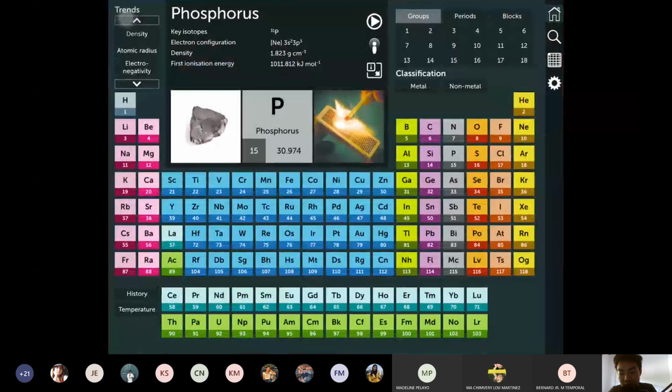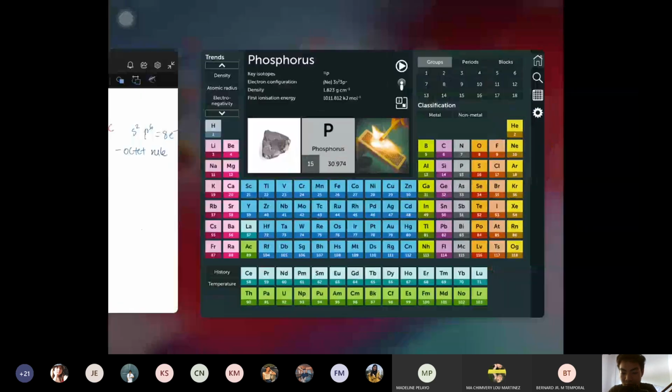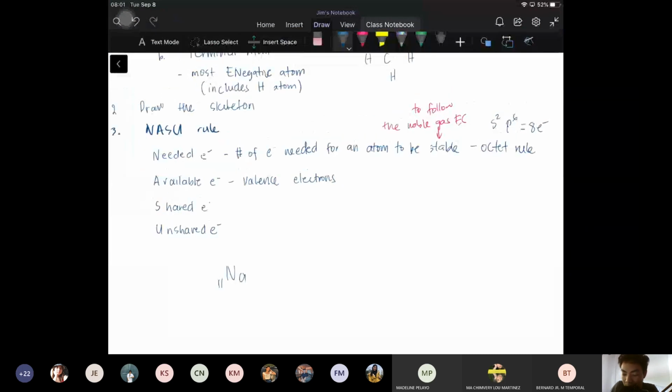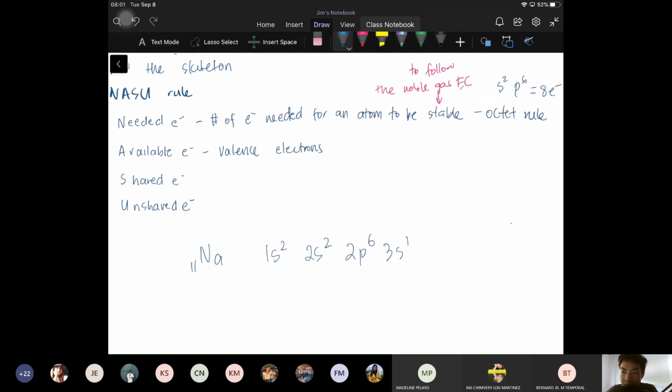So, sino sir yung mga inner electrons? Okay, so for example, let's try sodium. Ang electron configuration ni sodium ay 1s2, 2s2, 2p6, 3s1. Paano natin malalaman kung ano yung mga inner electrons? When you say inner electrons, these electrons correspond to the noble gases configuration.